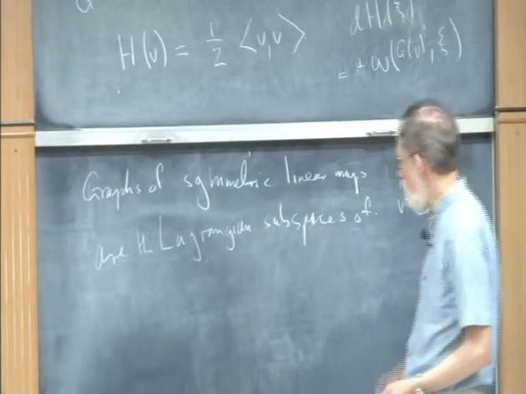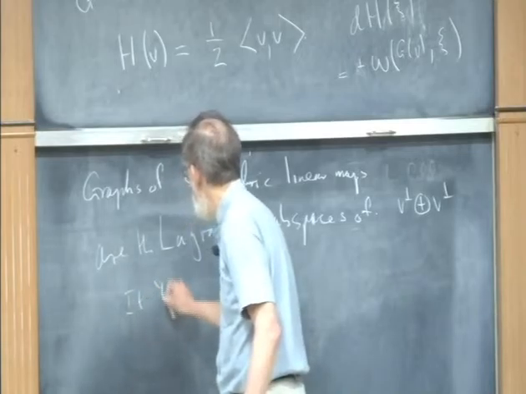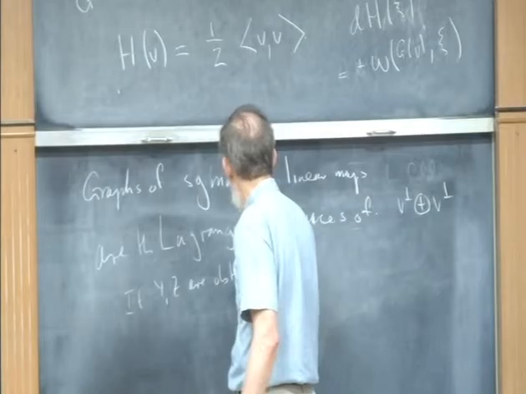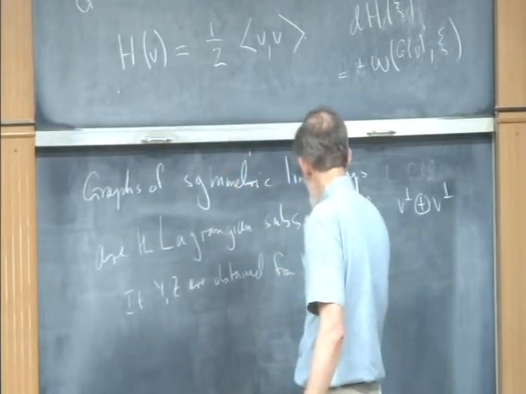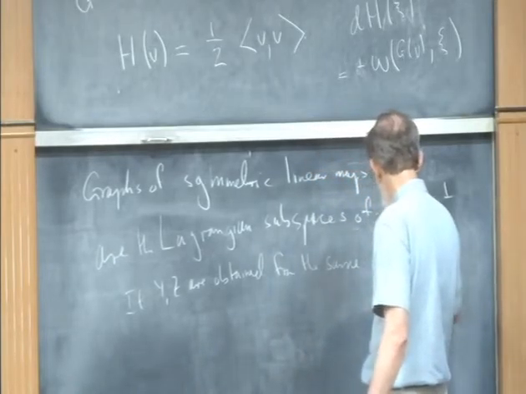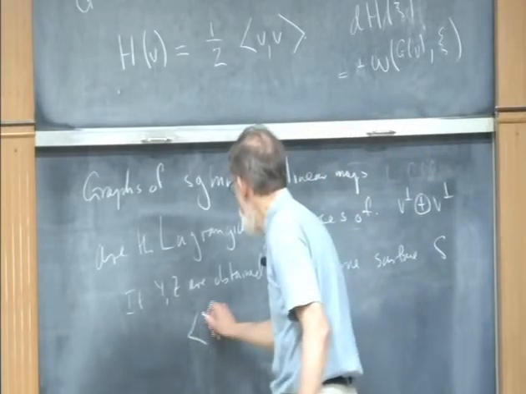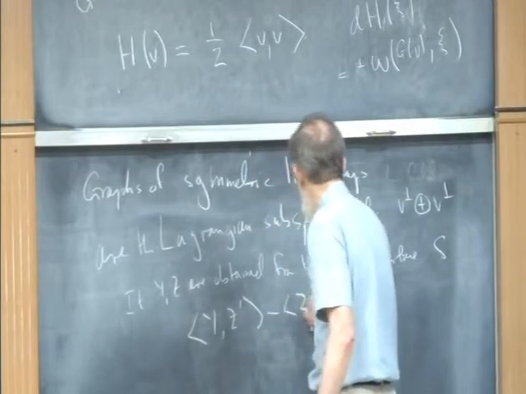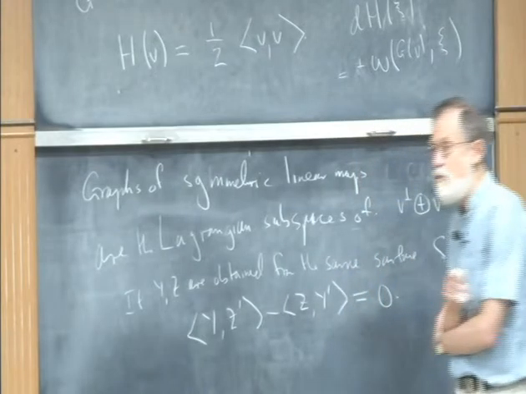And what this means is that if Y and Z are obtained from the same surface S, you're going to get Y Z prime minus Z Y prime equals 0.